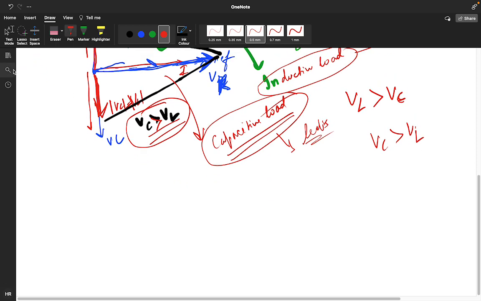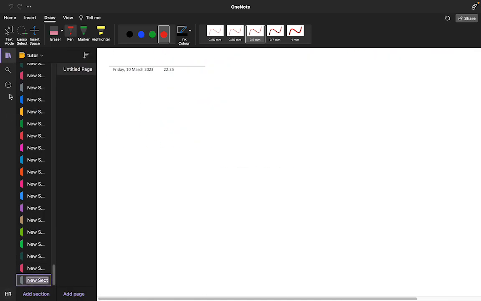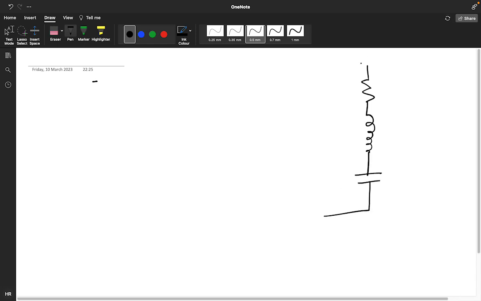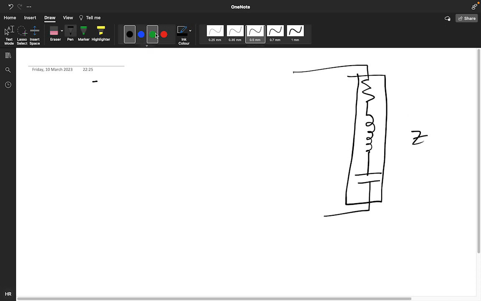Now you have this particular RLC. So this overall is your Z. This is R, this is L, this is C. This is positive, negative, V. If you write in the form of impedance, how will it come?